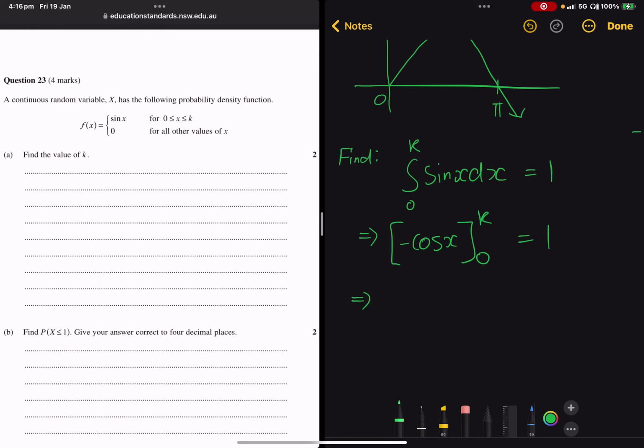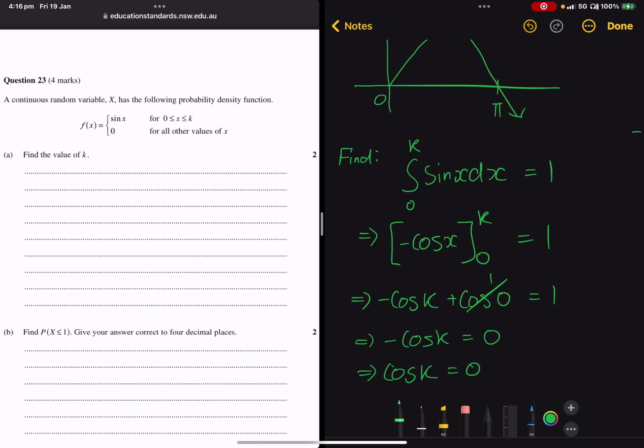So we'll evaluate this. We have minus cosine of k minus cosine of 0, so that's plus cosine of 0, is equal to 1. Now cosine of 0 is of course 1. And this gives us that minus cosine k has to be equal to 0, which is the same as cosine k equals 0.